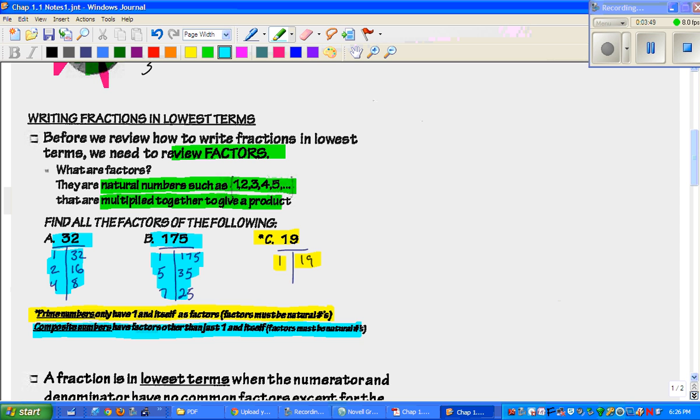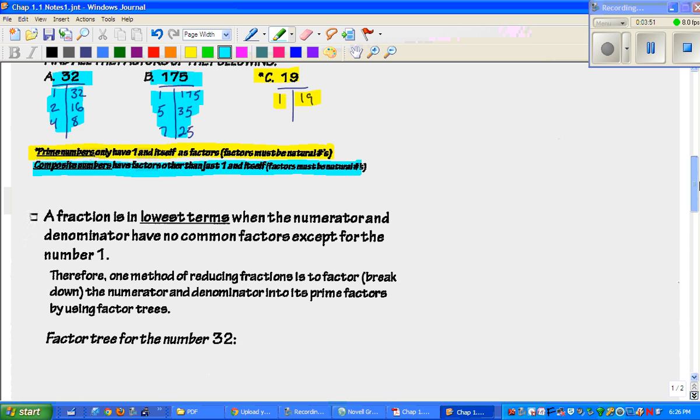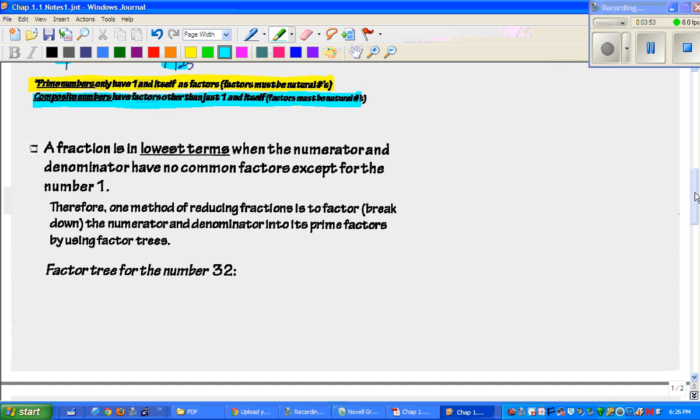Now, when we are writing a fraction in lowest terms, that's when the numerator and the denominator have no common factors. Okay? So when we break down the numbers, we want to break them down into prime factors.